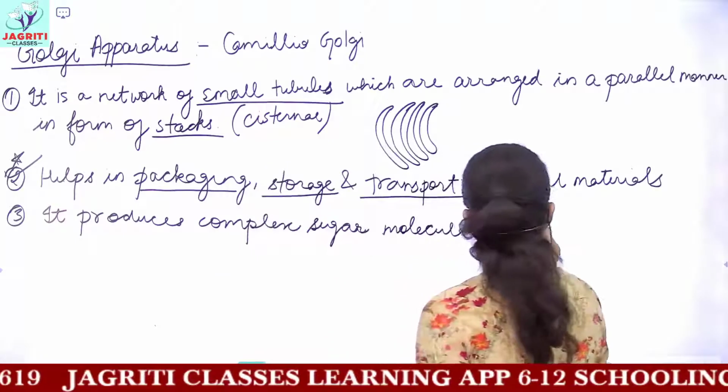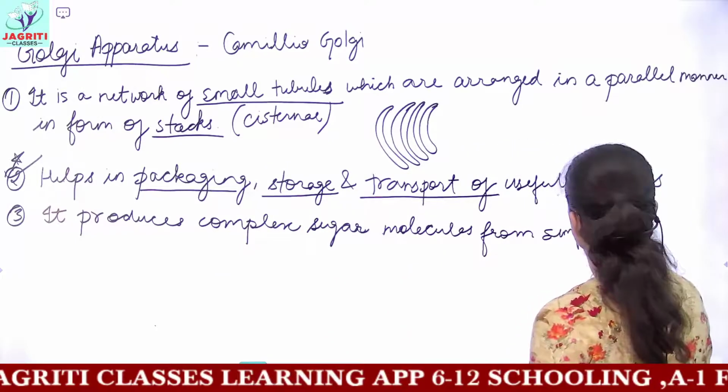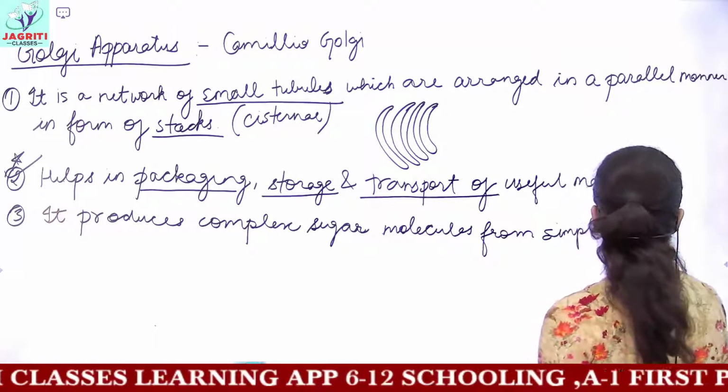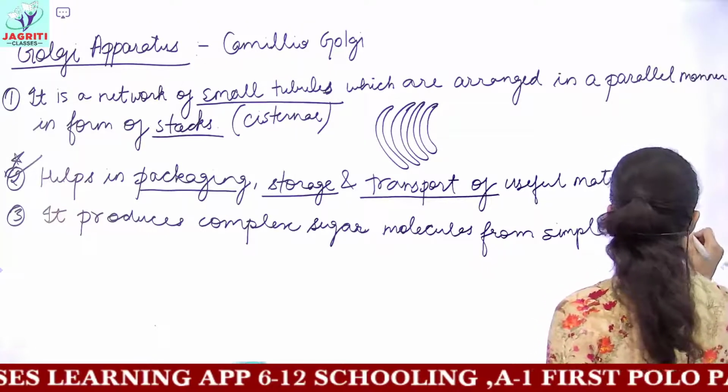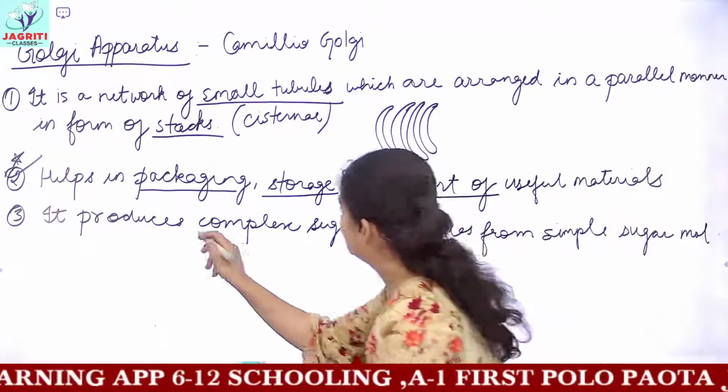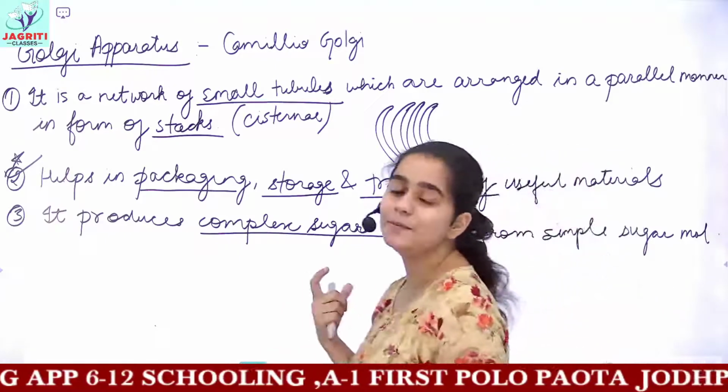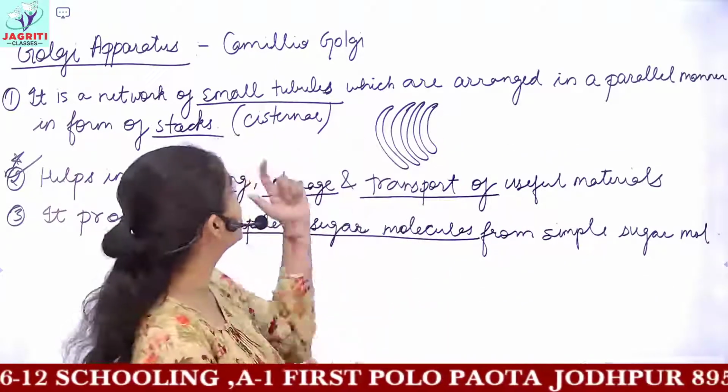From simple molecules. So this is yet another important function of Golgi apparatus, that it helps in the synthesis of complex sugar molecules. So these were the important functions which we should know about Golgi apparatus.